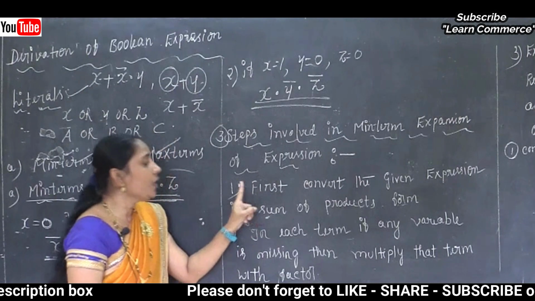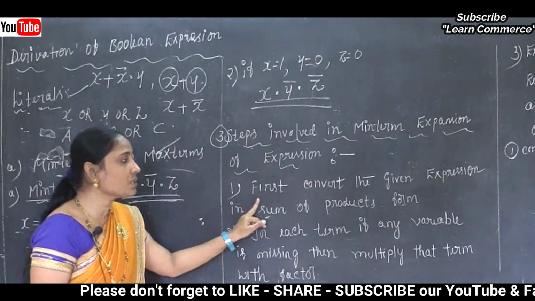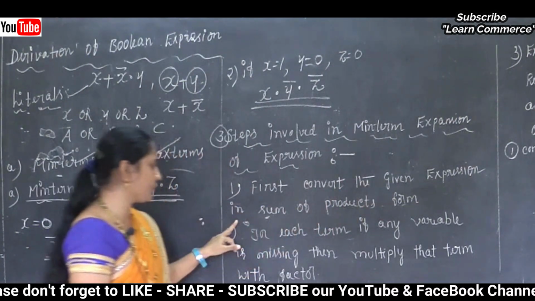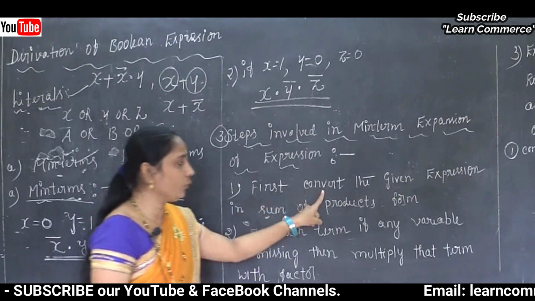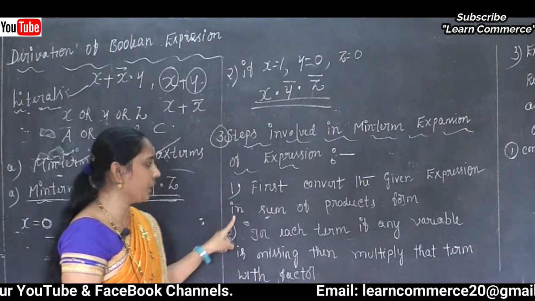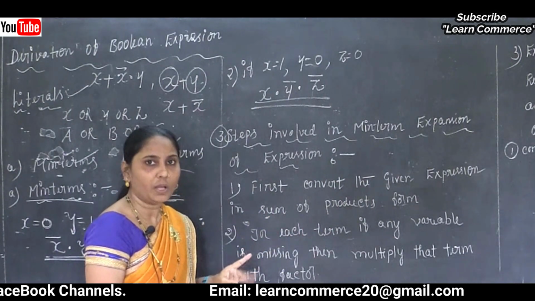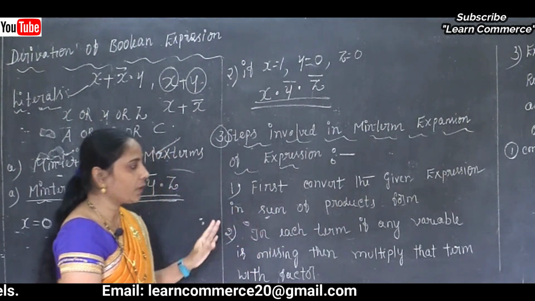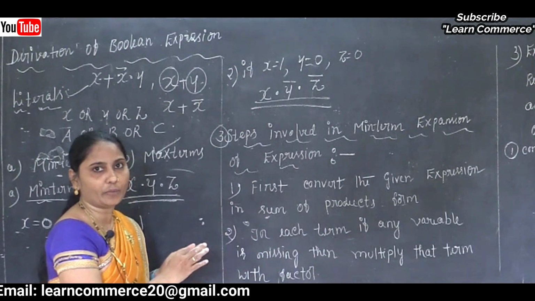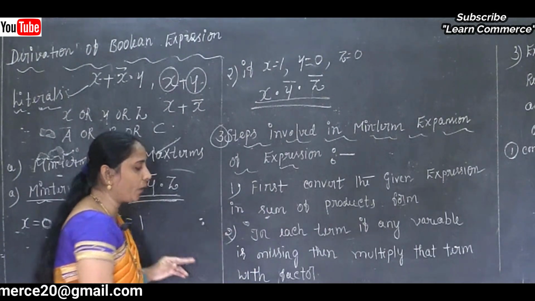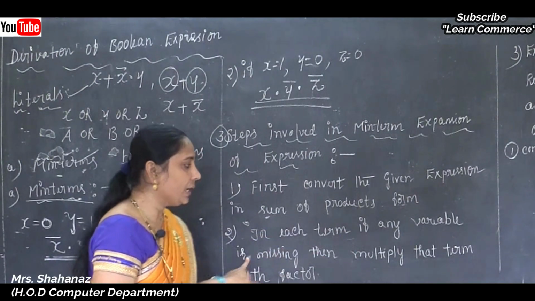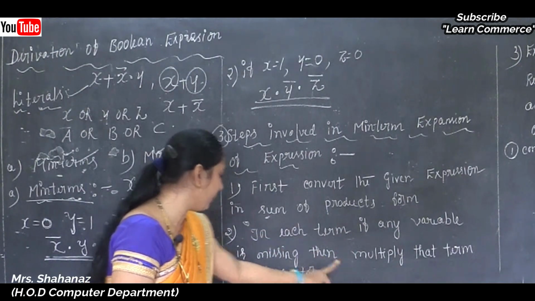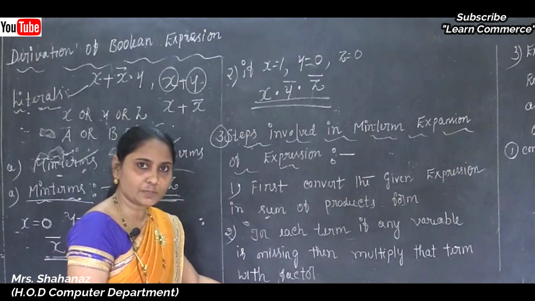Clear this point here? So the first step is to convert the given expression into sum of product form. Later we will solve one by one using these steps. Second point, in each term, if any variable is missing, then multiply that term with the factor. Clear this point here?